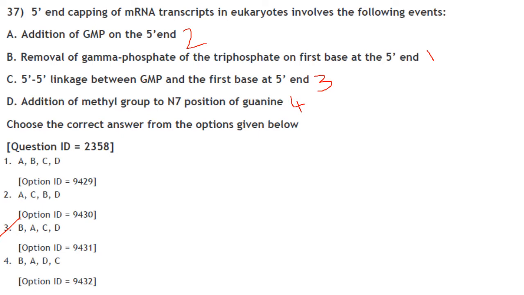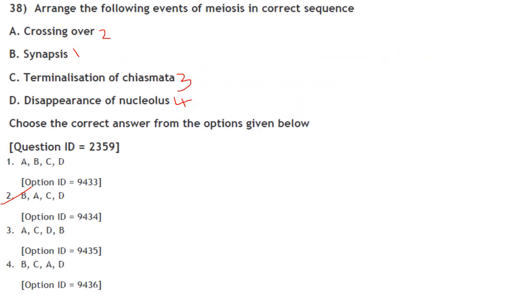Then comes addition of GMP to the 5' end. Then 5' linkage between GMP and the first base at the 5' end. Then addition of methyl group to the N7 position of guanine. So answer here is BACD. Answer is option 3.